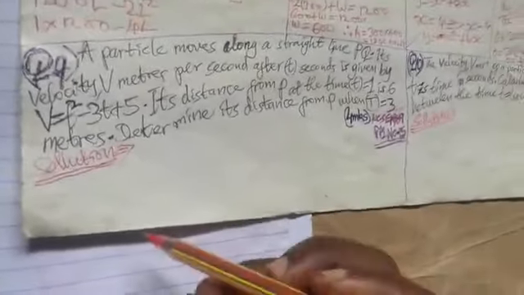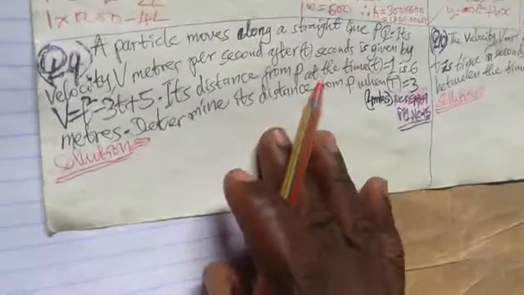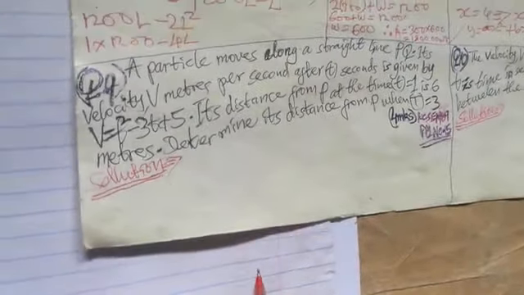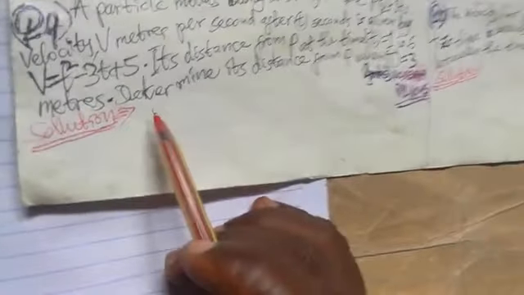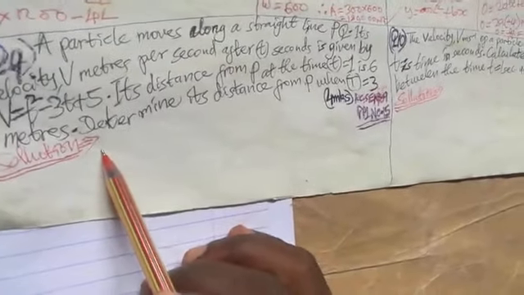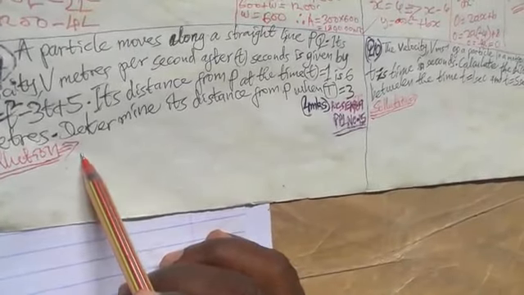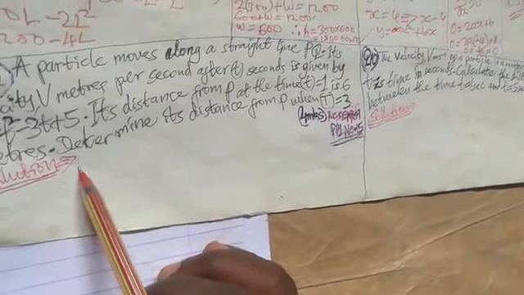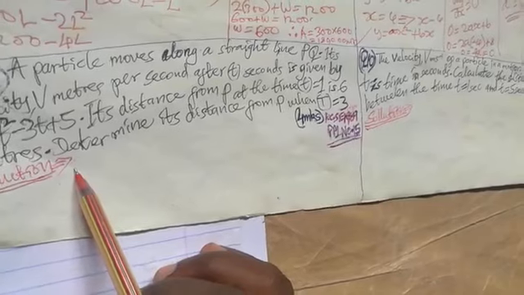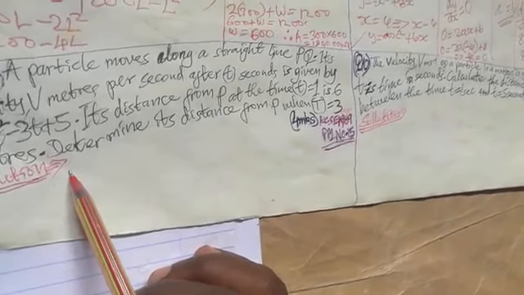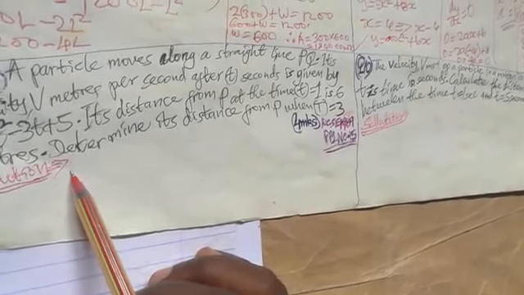Here we first identify the type of question. So this is an integration question, because to determine the distance of a particle from P when t is 3, we need to integrate the velocity function from t1 to t2.